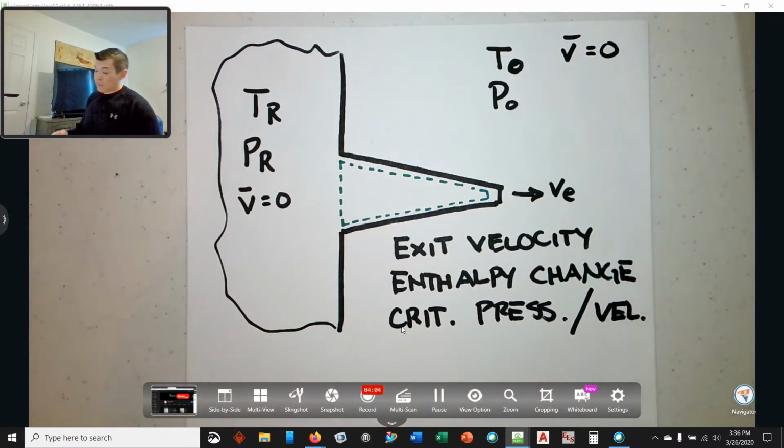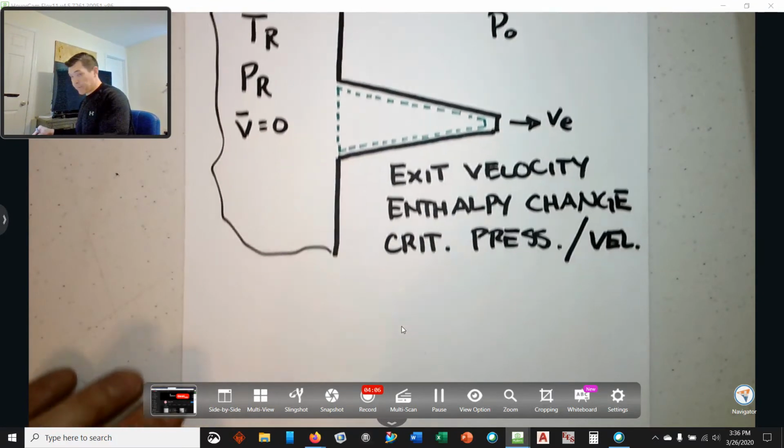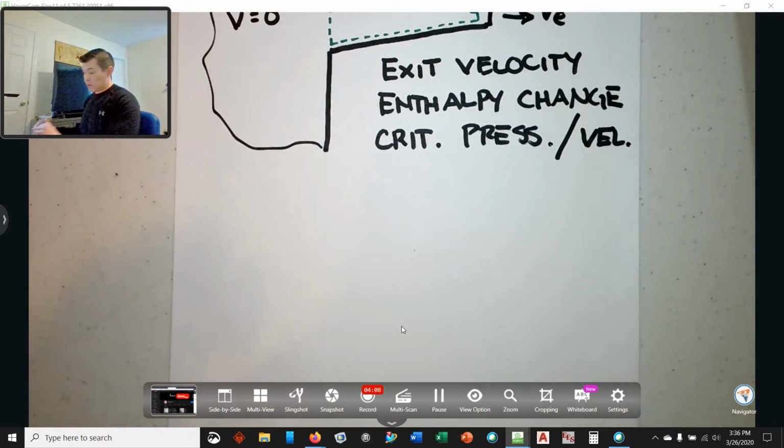So let's set up a bigger control volume. And actually, first of all, we have our control volume here. The energy balance we're going to use is basically a statement of the first law of thermodynamics.